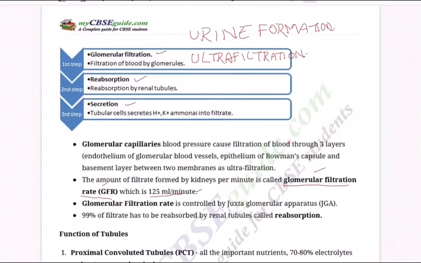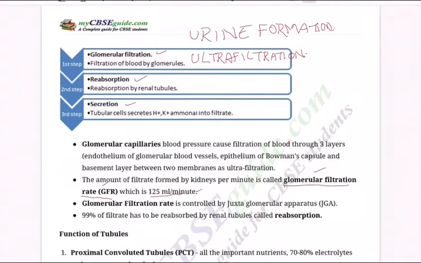Second, tubular reabsorption is the second process in the formation of urine from the filtrate. As much as 99% of the material in the filtrate is reabsorbed, preventing the loss of water, nutrients, and ions from the body.